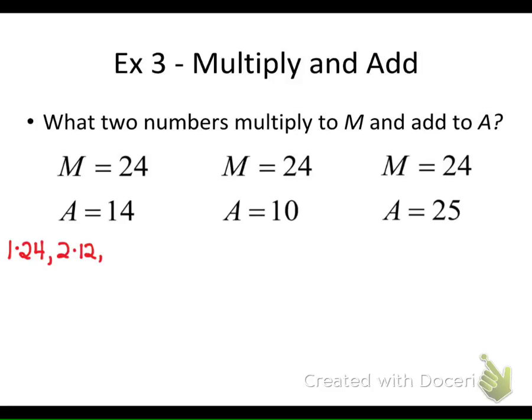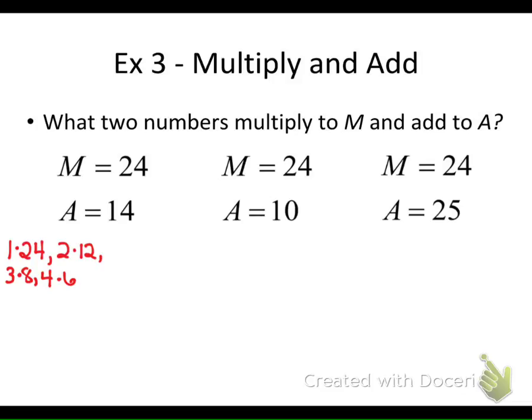Do 24 divided by 3 if you need to. 8. Good. So we have 3 and 8. What about 4? 4 and 6. What about 5? No. All right, and then we're back to 6.